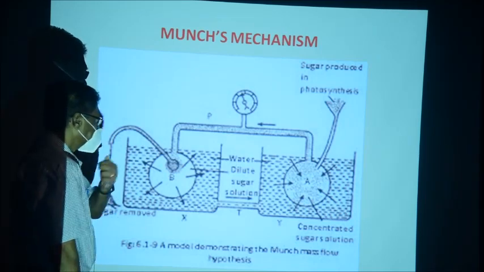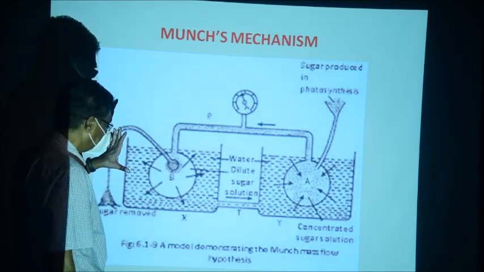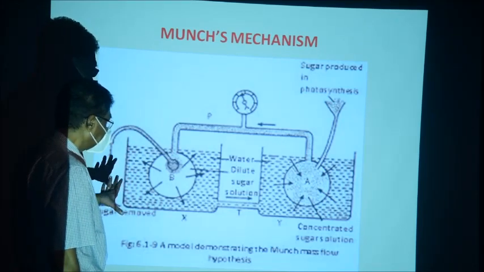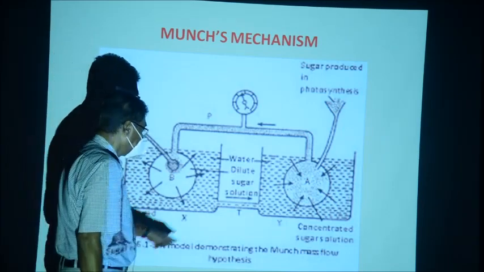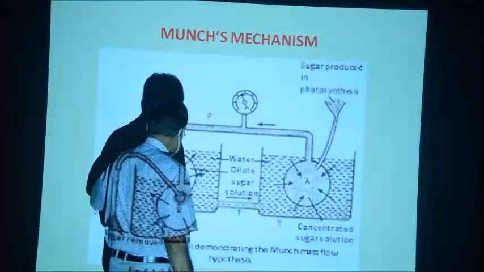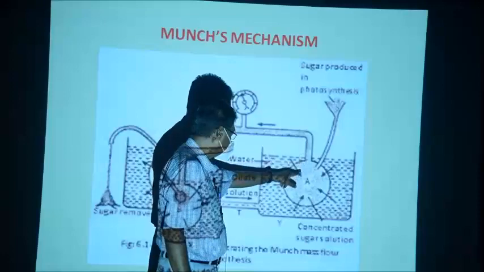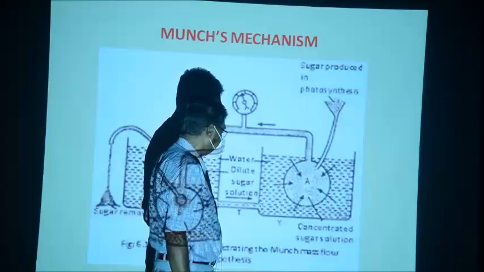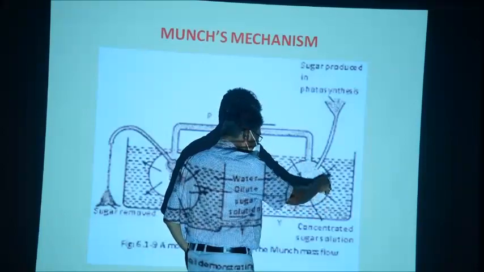Now, you see, mass flow. What is this mass flow? Let us examine from this diagram. Here there is a vessel, here there is another vessel. Both the vessels are connected by a tube. These vessels both have a semi-permeable membrane.